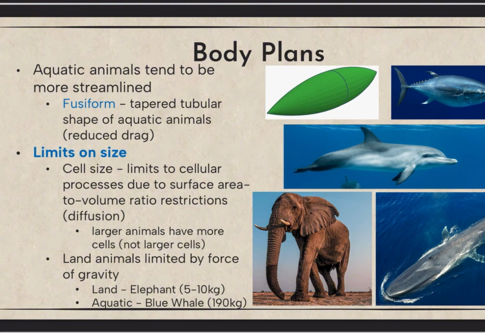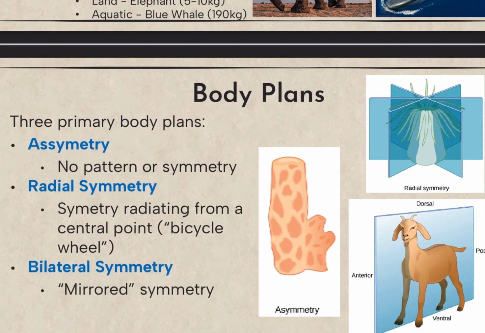If it exceeds that, then the cell can die off because it's not able to properly function. Larger animals don't have larger cells, they just have more cells. So if you think of an elephant, which is our largest land animal, or a blue whale, which is our largest aquatic animal, their cells are not larger, they just have more of them. Additionally, land animals are limited in how large they can grow because of the force of gravity.